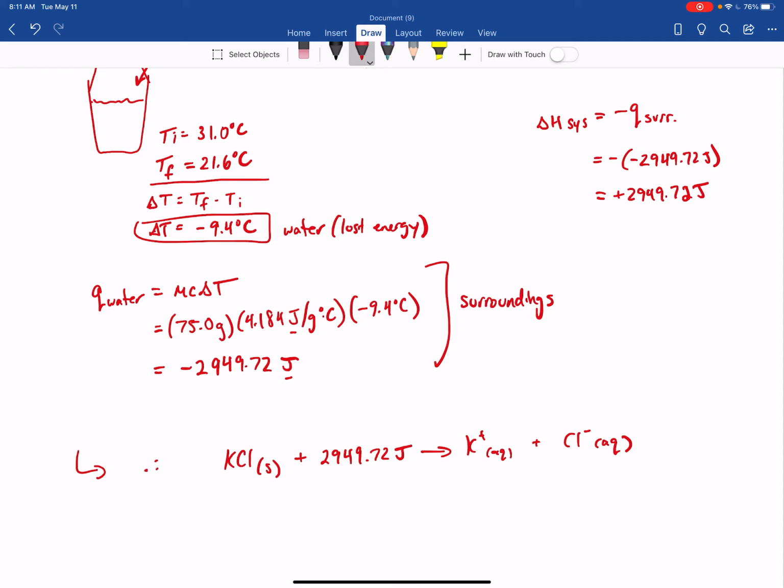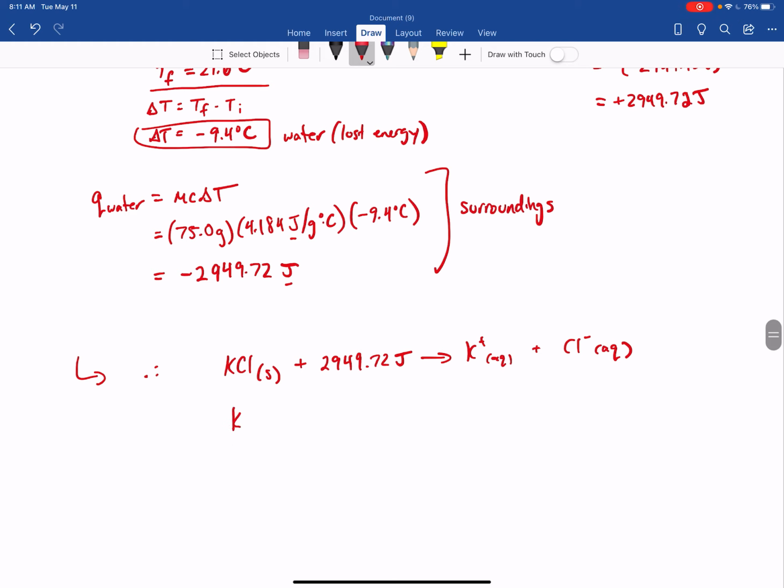This is the dissolving process, or you can write it as KCl(s) goes to K+(aq) plus Cl−(aq), delta H equals 2,949.72 joules. We talked about a bunch of different ways to write this.